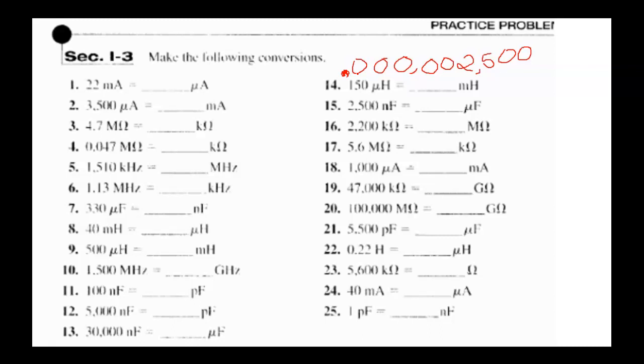Does that make sense? So I've got 9 places I've got to move that decimal. That means I've got 9 places I've got to fill out. Most of it's going to be zeros. Why? Because otherwise it would not have been that long a number. Okay?